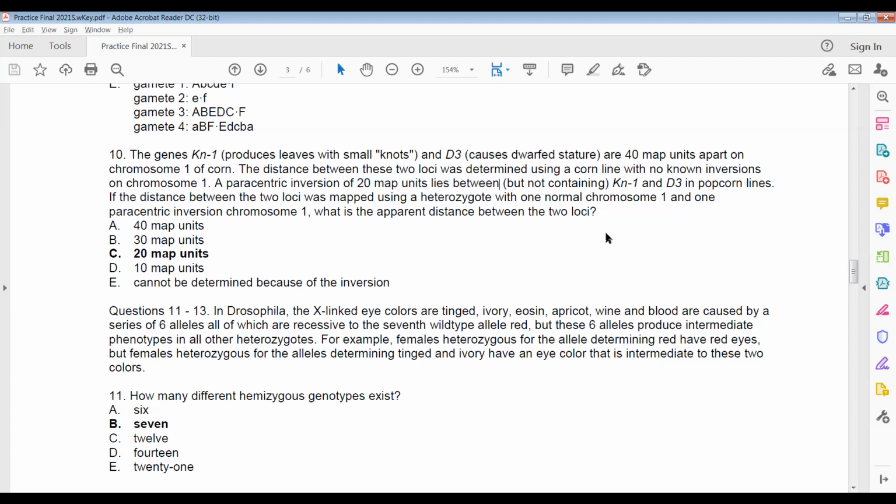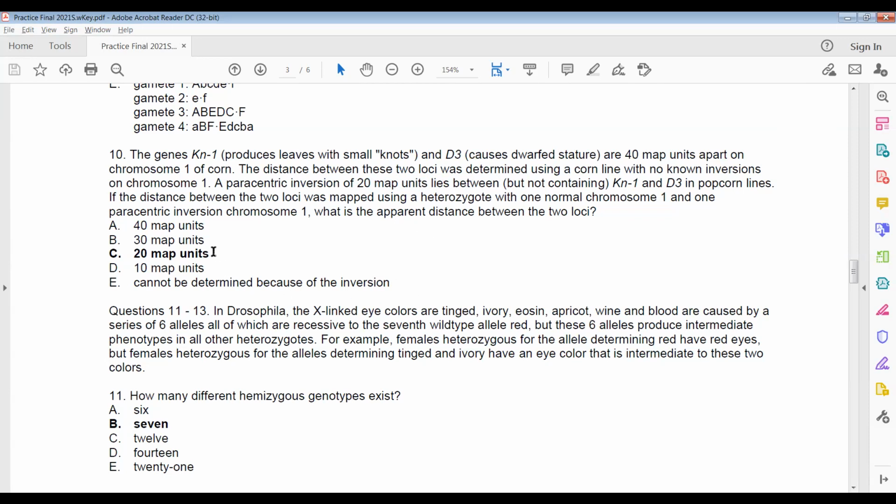So if we cross these 2 corn lines, one is the standard line, the other is the popcorn line involving the 20 map unit inversion between these 2 genes, and we use the data generated from this cross to derive the map distance between these 2 genes, what would be the measured distance? This is the point.